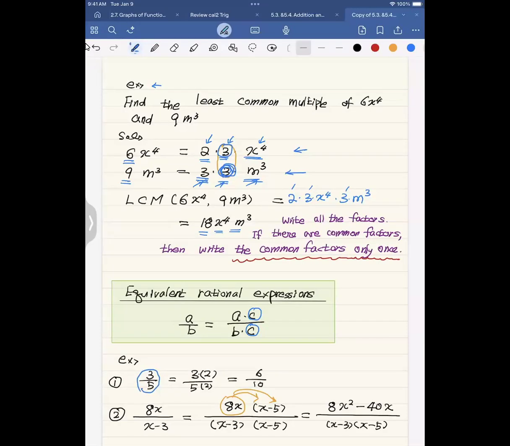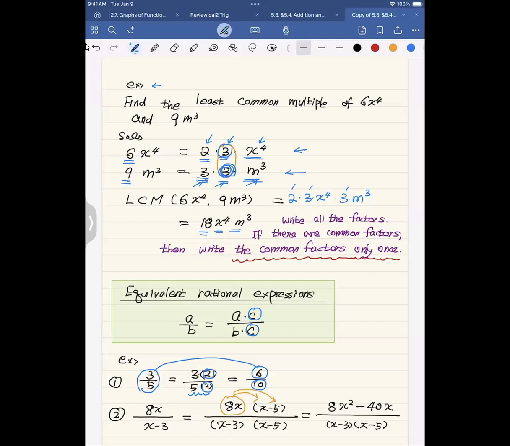If we multiply by 2 on the numerator and denominator, then we will get 6 on the numerator and 10 on the denominator. So we can say that 3 over 5 and 6 over 10 are equivalent rational expressions.